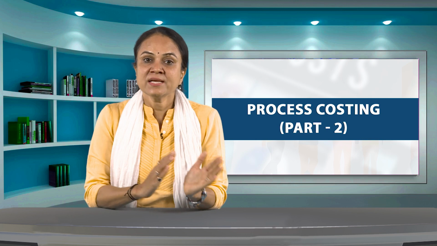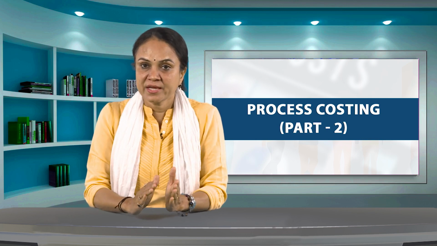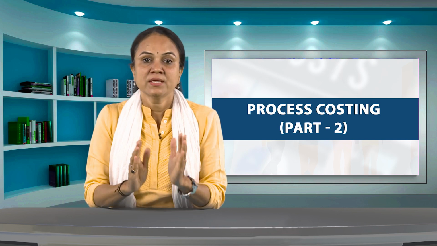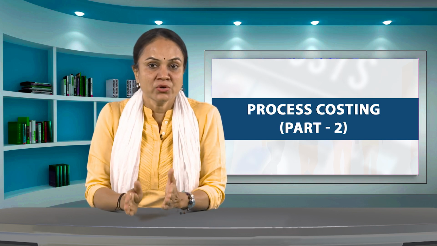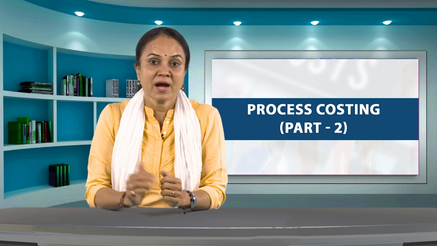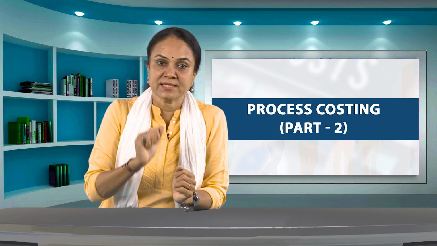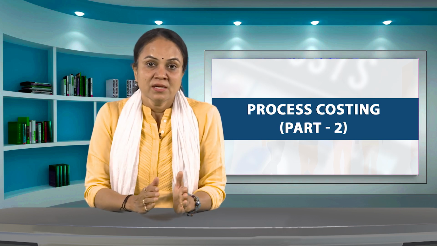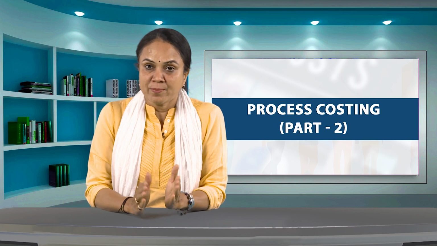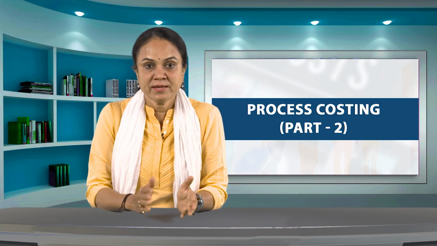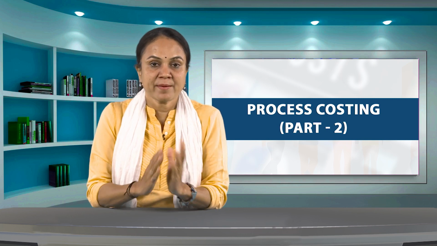Third, in case of abnormal gain, there is no sale proceeds of scrap because they are sold as good units. Thus, the sale proceeds of scrap are reduced to that extent. The accounting entry is to debit abnormal gain account with the sell price of abnormal gain and credit scrap account.